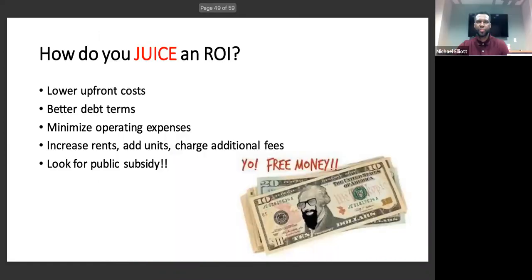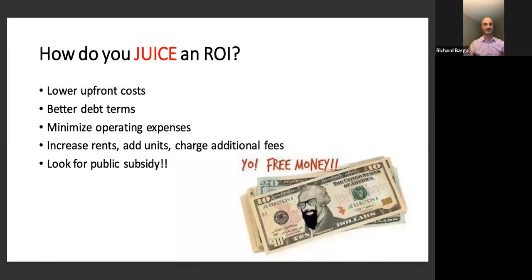So let's just talk about a few other quick concepts while we're talking about return on investment. This is a term that you may hear, a little slang term: how do you juice an ROI? How do you get an ROI to creep up north, right?